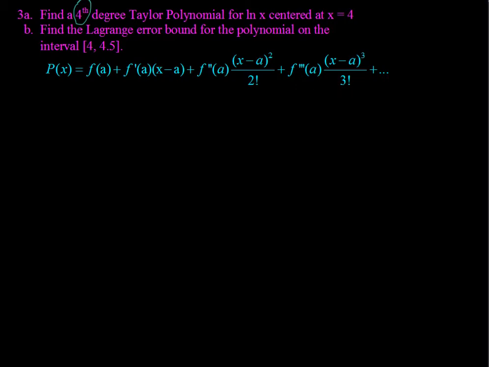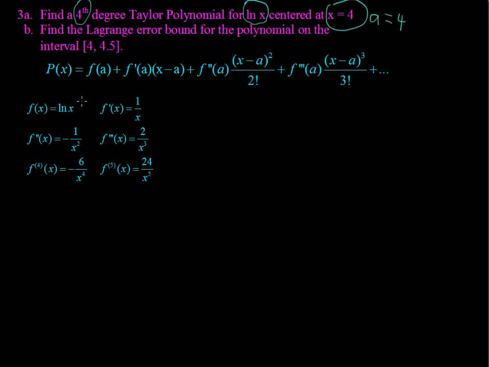So the first thing we're going to need is the derivatives of our function ln of x. We're doing this for ln of x and centered at x equals 4, so a is equal to 4. I've got the derivatives here.